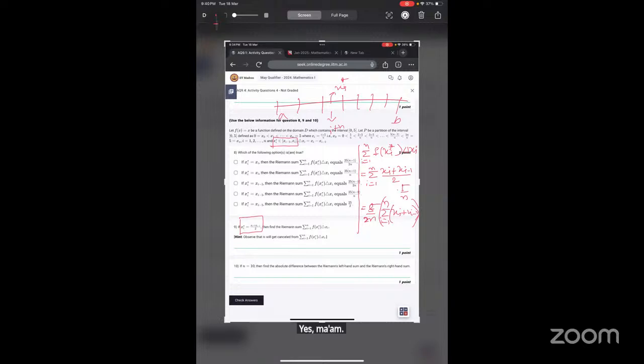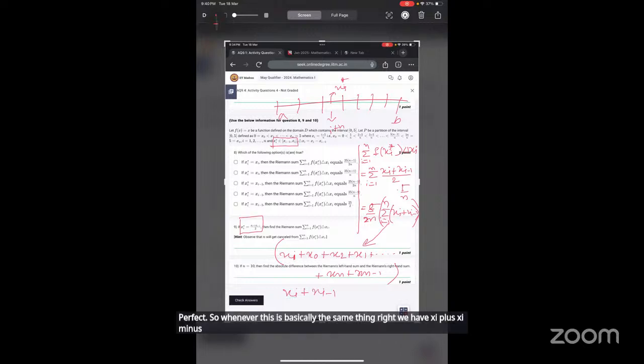We get x1 plus x0, then x2 plus x1, like that we will move, and finally xn plus xn minus 1.